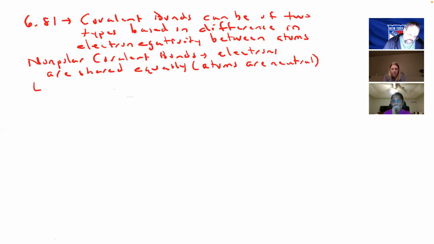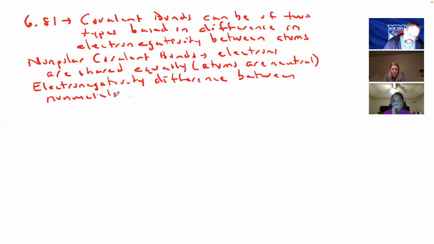You have this when the electronegativity difference between nonmetals is 0 to about 0.4. So if you have 2 nonmetals whose electronegativity difference is somewhere between 0 and 0.4, more likely than not, especially if it's 0, it's going to be a nonpolar covalent bond. So the electrons are going to be shared equally, the atoms are technically neutral.